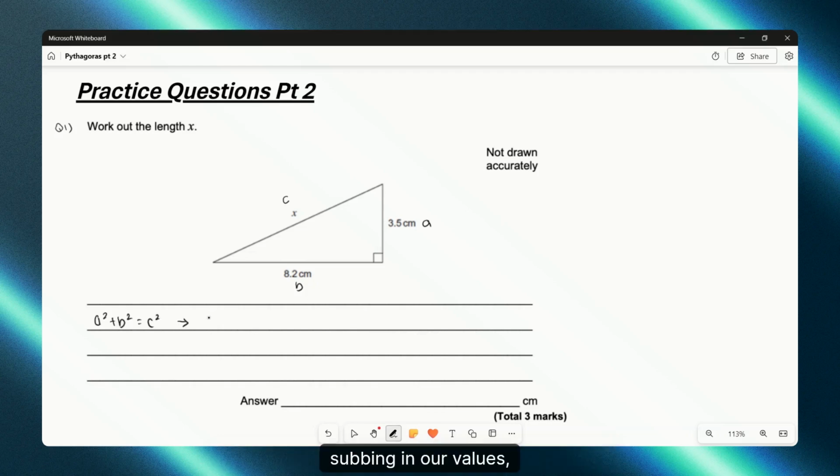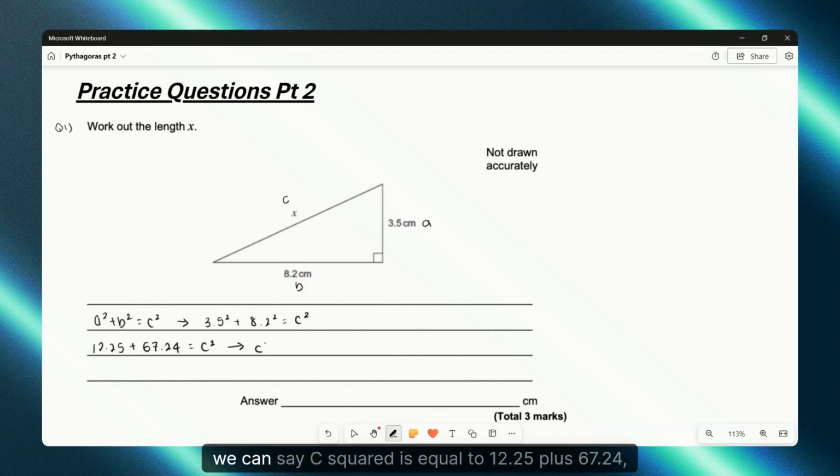Now, subbing in our values, we get 3.5 squared plus 8.2 squared is equal to c squared. Now, using my calculator, I can find the value of 3.5 squared to be 12.25, plus the value of 8.2 squared, which I found to be 67.24, and that is equal to c squared.